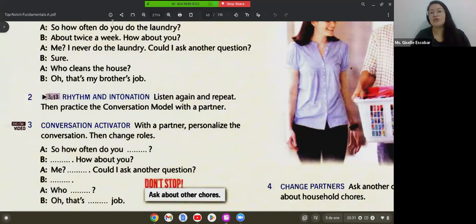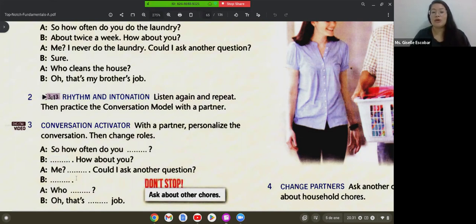No es necesario que digamos, so how often do you do the laundry? Podemos decir, so how often do you wash the dishes? So how often do you take out the trash? So how often do you water the plants? ¿Sí? Y aquí pues respondemos con nuestra información, dependiendo con qué tanta frecuencia hagan esas tareas.